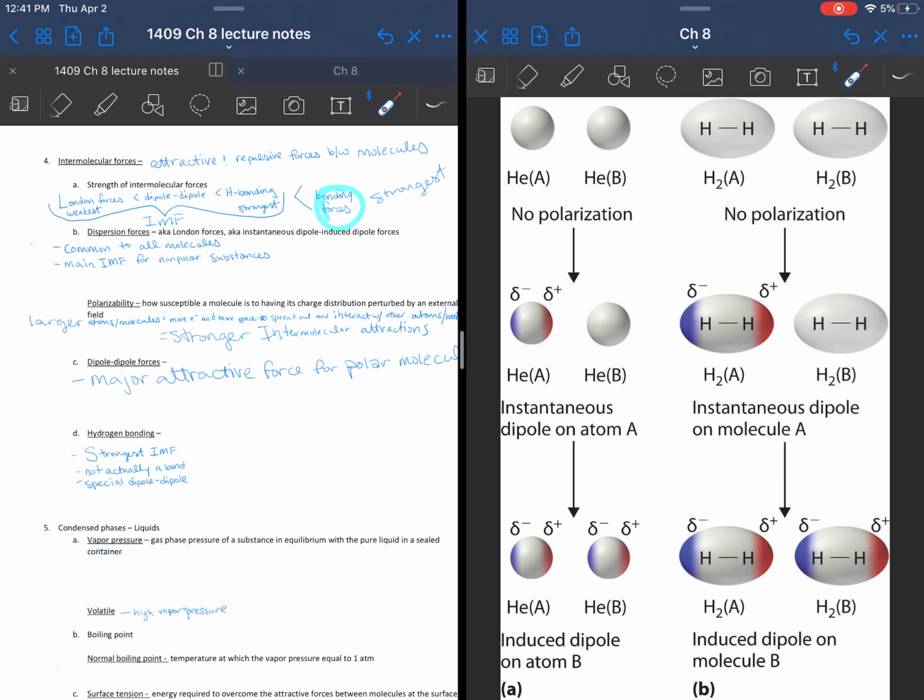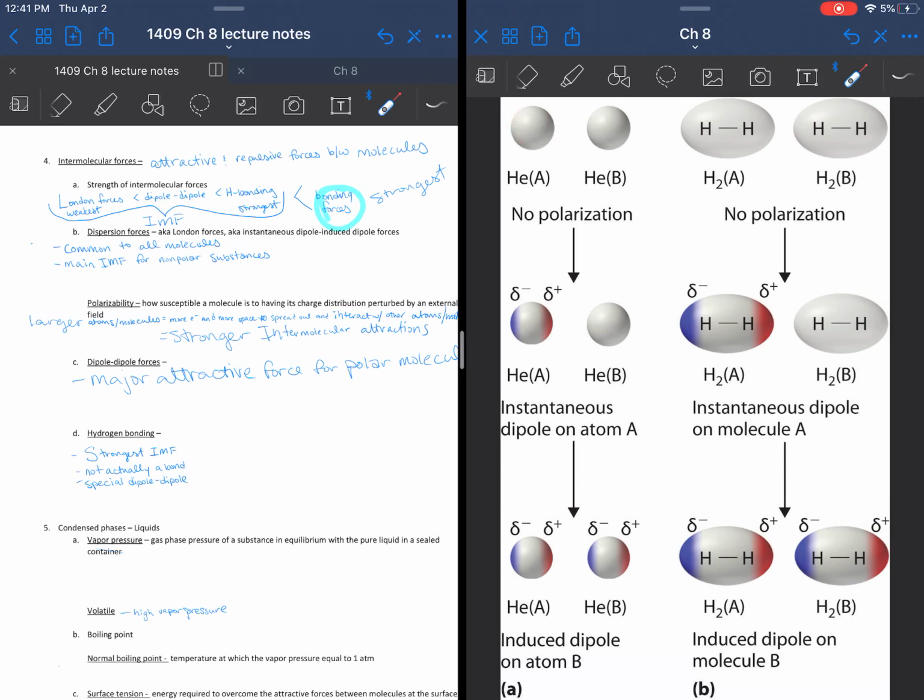Well, when we think about what an atom or a molecule actually looks like, even if we don't think about it as having a negative or a positive side, we do know that in the atom there is an electron cloud. In the molecule, you've got your valence electrons, your electron cloud. And they're constantly moving.